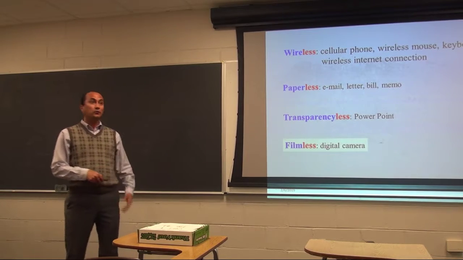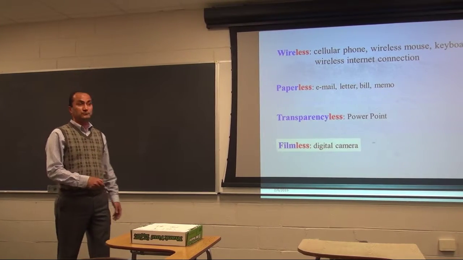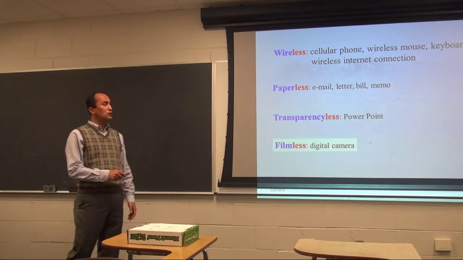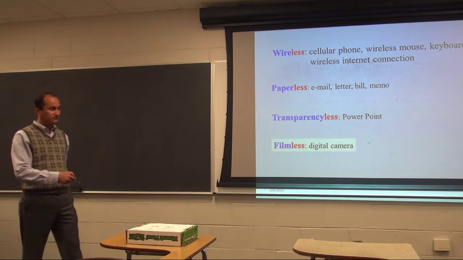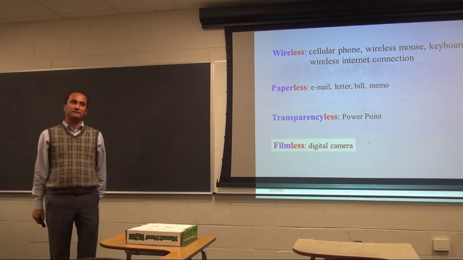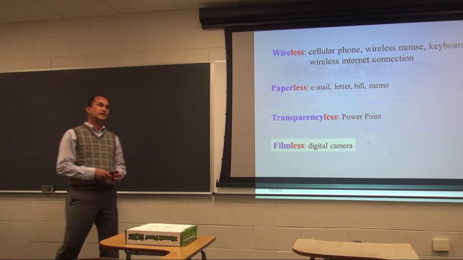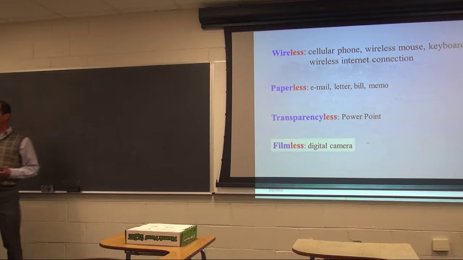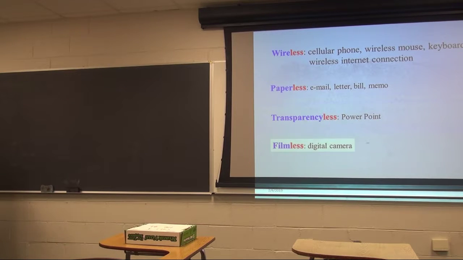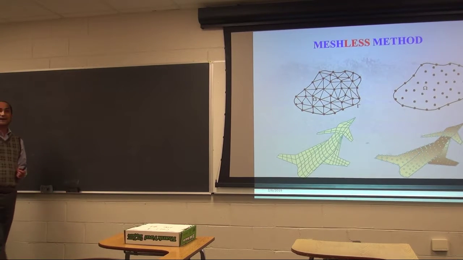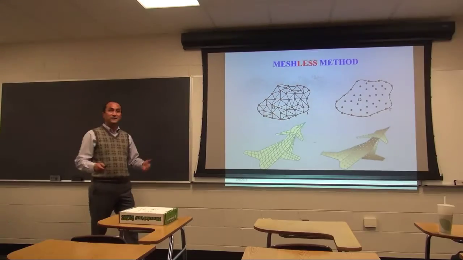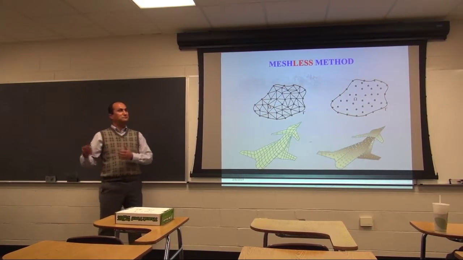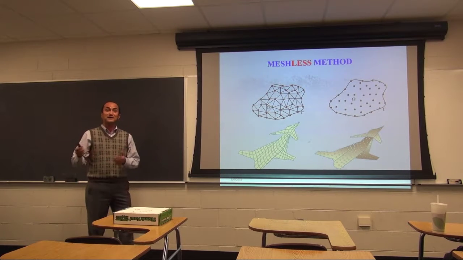Similarly, we always go paperless now: email, letter, bill, memo. Transparency-less, we now have PowerPoint, and similarly we have film-less, which is the digital camera. So this is very common in this era. We live in this era, so this is very important. That's why we look to do something meshless in mathematics as well.